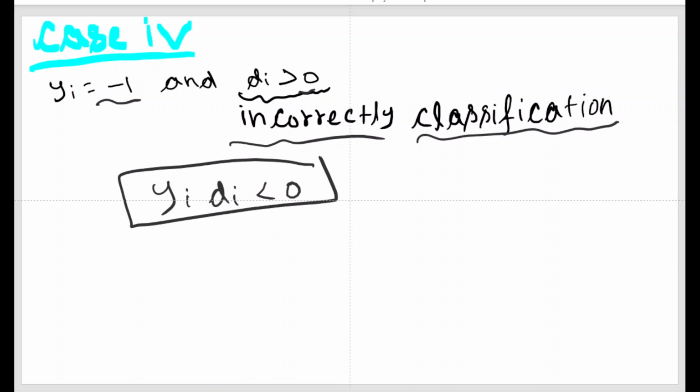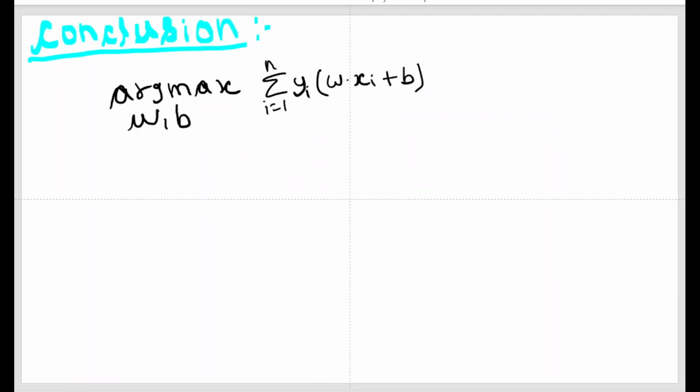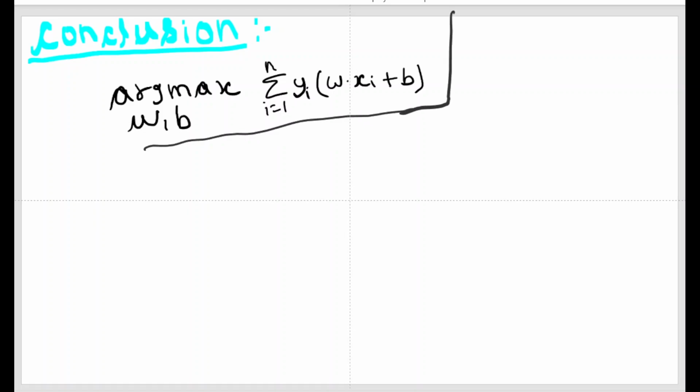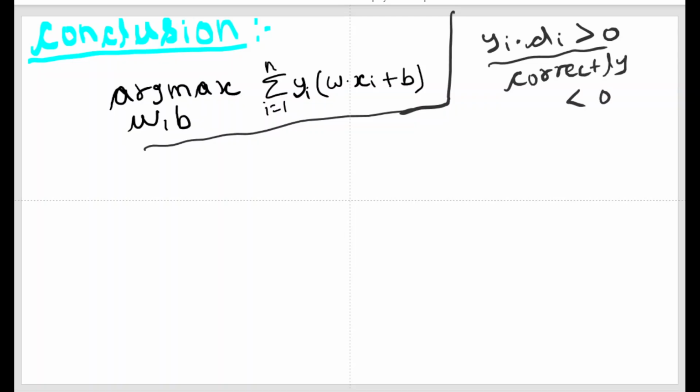What we come to the conclusion is that yi into di greater than 0 means correct classification, and when less than 0, incorrect classification.